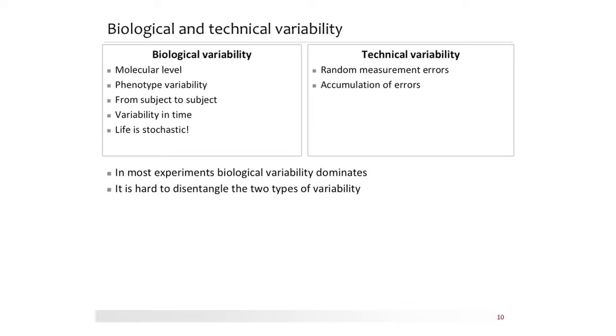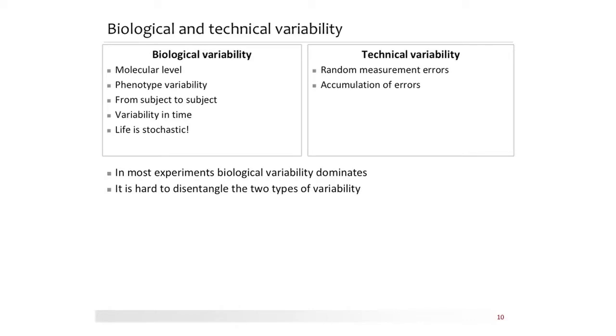You are aware of this, especially at the molecular level, where there are lots of interactions, basically Brownian movements. Everything is very random, very stochastic. But if you propagate it to a higher level, of course, it will lead to phenotype variability. So subject to subject, you have different values. If I measure, for example, the height of each of you, I will get different numbers. So you are all different.